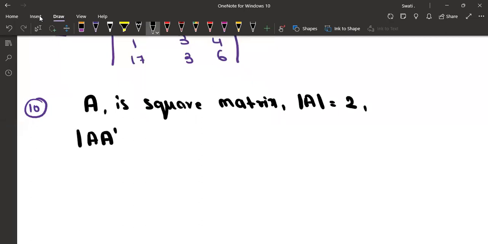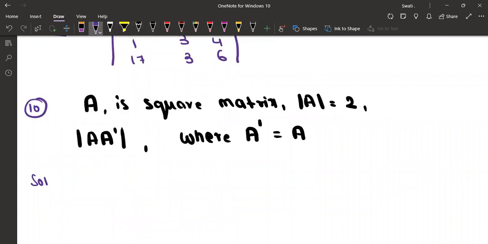The transpose symbol is this, as well as T. Here A transpose is the transpose of the matrix A, and the condition given is that A transpose is just equal to A.